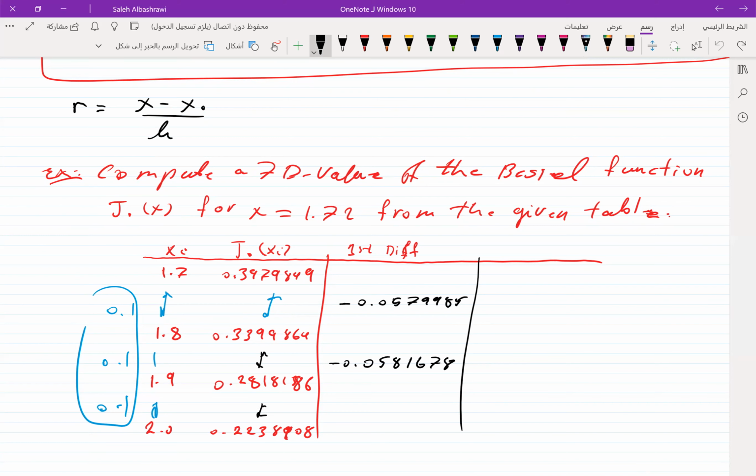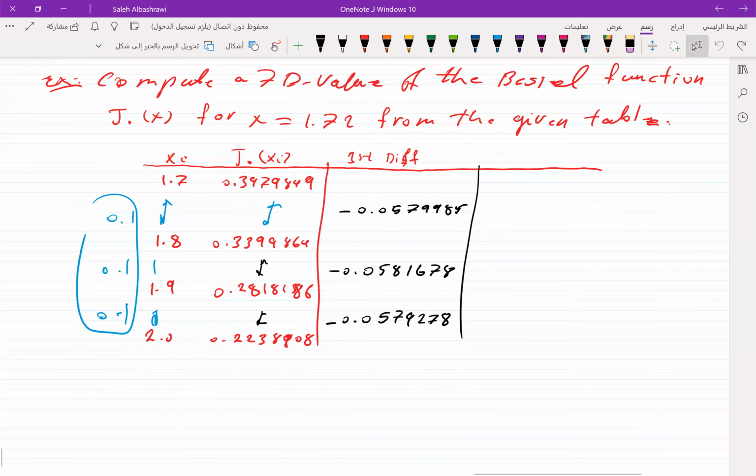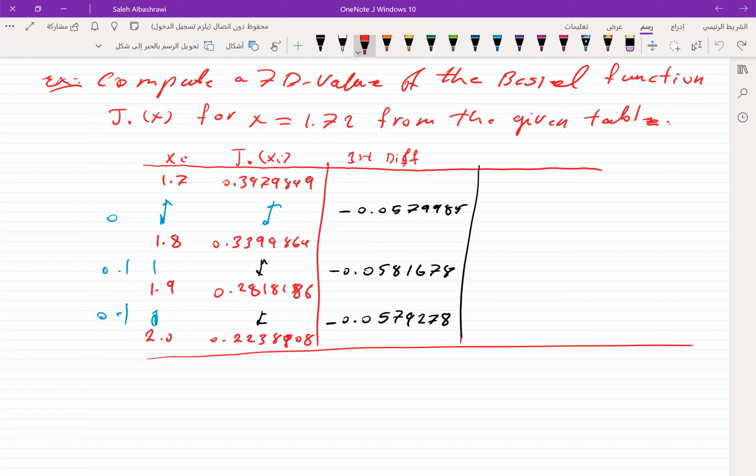The difference between the fourth and third gives minus 0.0579278. Now this is just the differences. We didn't divide by the difference of the values of x because they are equally spaced, and this will be included in the value of r. So if we have equally spaced values, no need to divide by the differences of the x_i's.